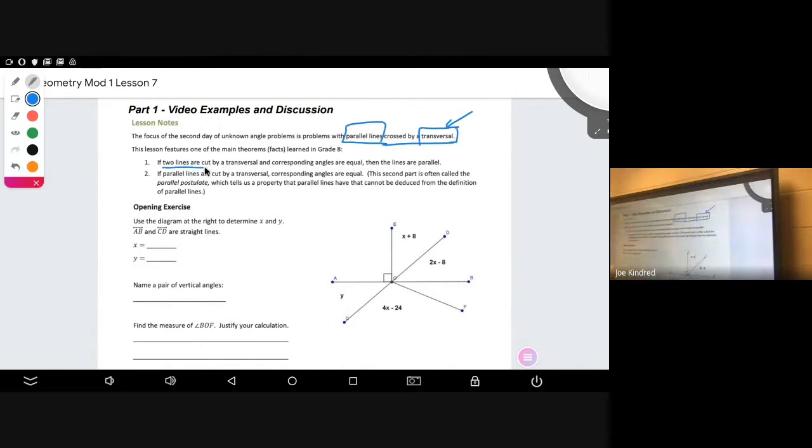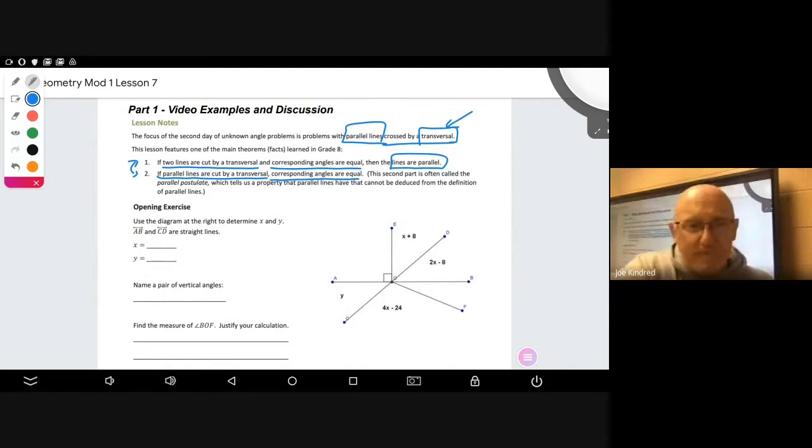If two lines are cut by a transversal and corresponding angles are equal, then the lines are parallel. And if parallel lines are cut by a transversal, corresponding angles are equal. These two things go back and forth. They basically say the same thing, except they're worded in opposite form.